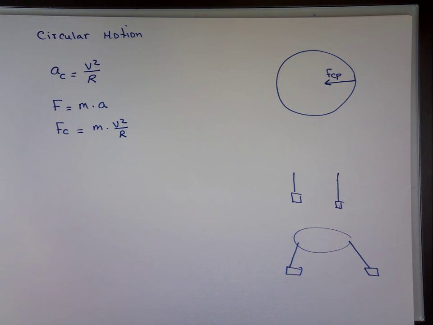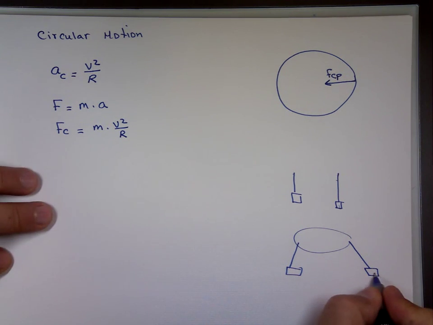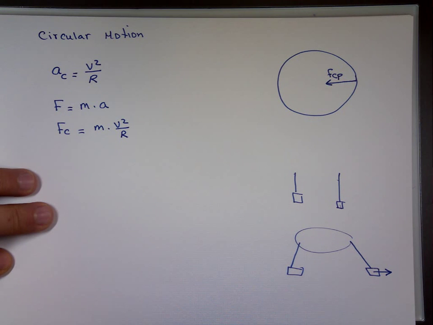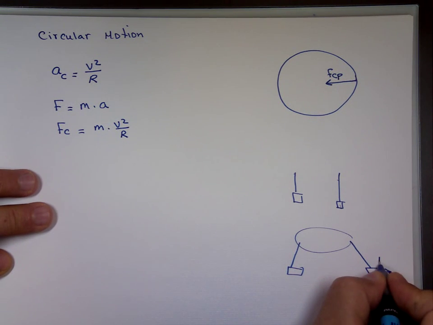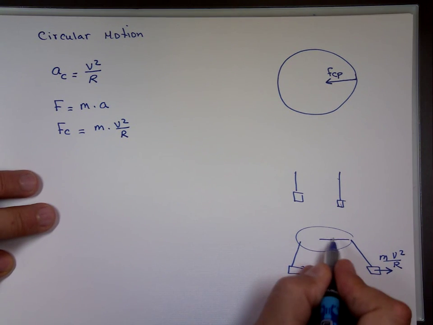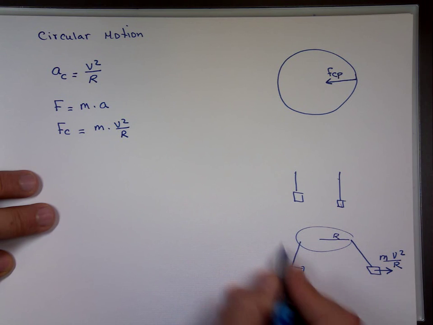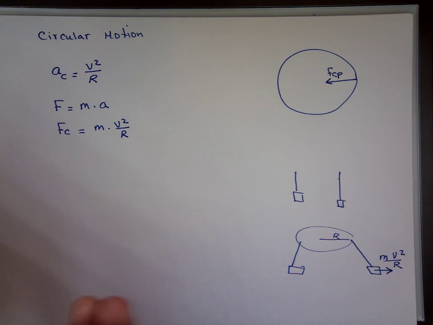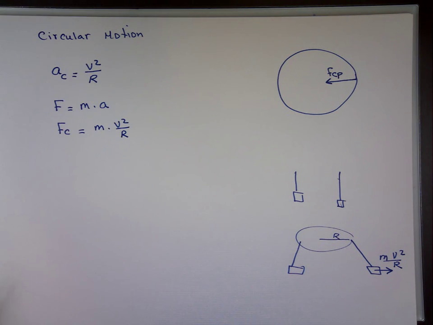Why? Because if you move in a circular path, there's a force pushing you in that direction, and the value of that force is mv squared over r. If we know the radius of that wheel, the velocity, and the mass, we can tell you the value of that force. That's the reason why you go to the outside.